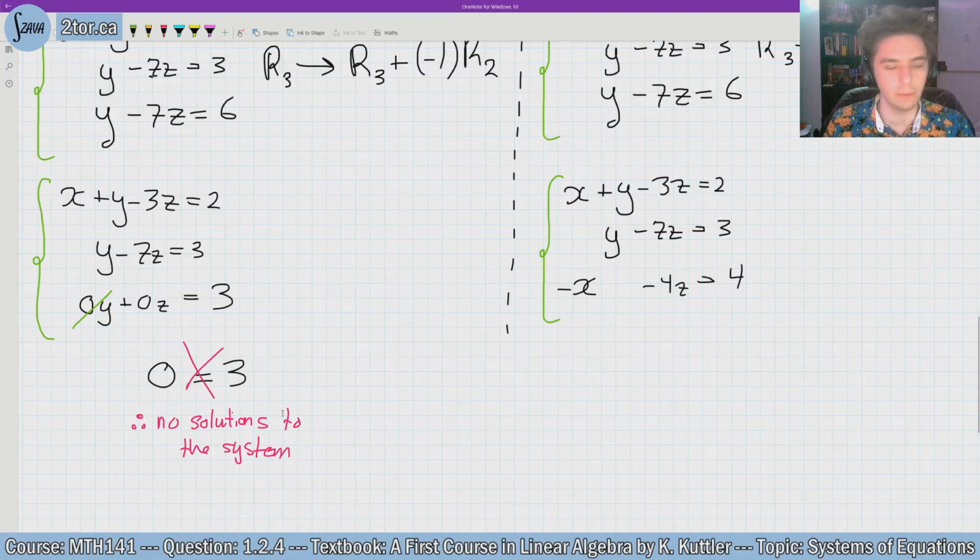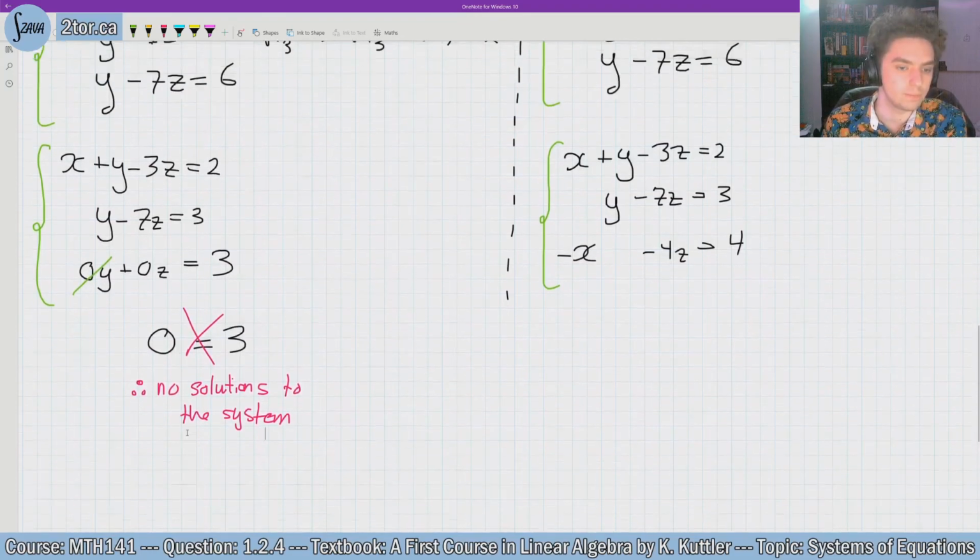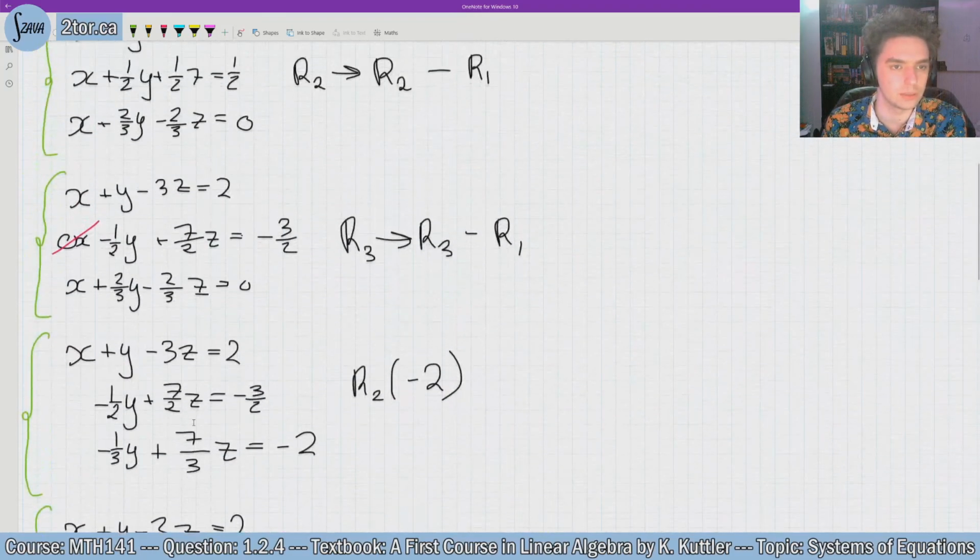That'd be my unique point, and we'd be golden. But here, we got an equation that's never true. 0 is never equal to 3, and so 0x plus 0y plus 0z equals 3 is never true for any values of x, y, z. And so our system has no solutions.